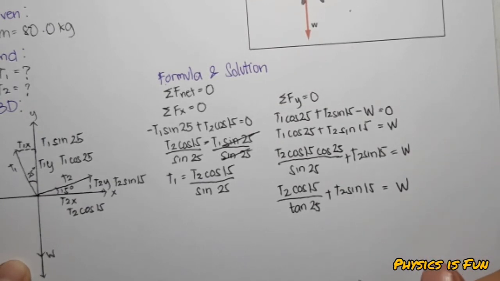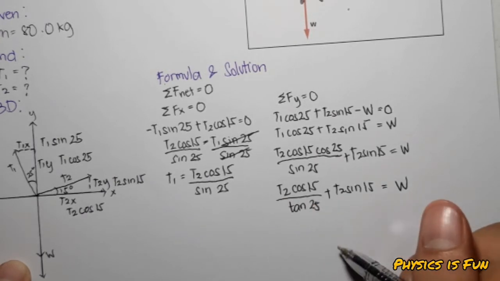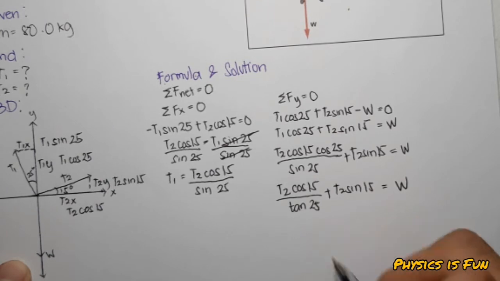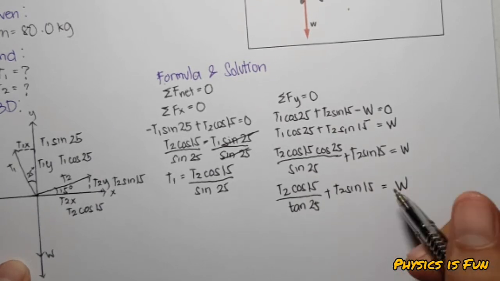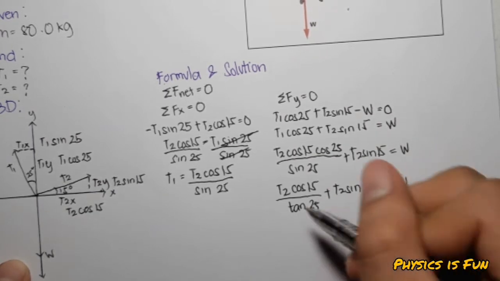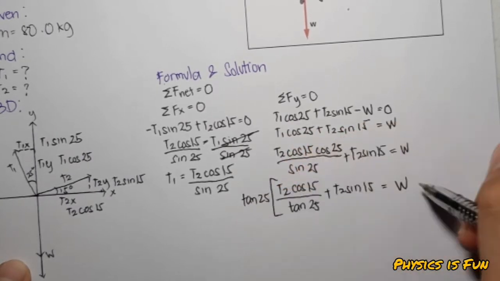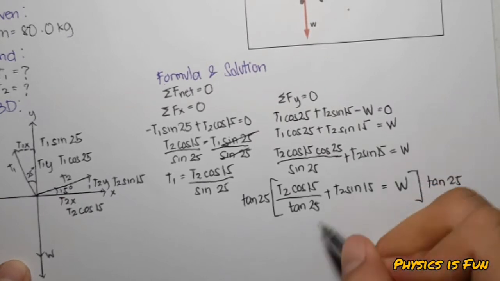However, we cannot factor out yet tension 2. What we need to do is to multiply tangent 25 to both sides for it to be removed, leading us in factoring out tension 2. Let's do it. Multiplying both sides to tangent 25, it will give us this answer.